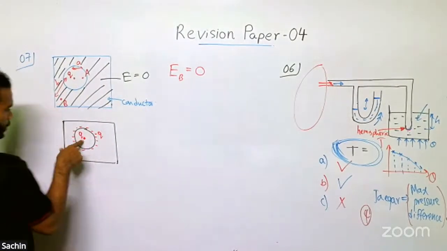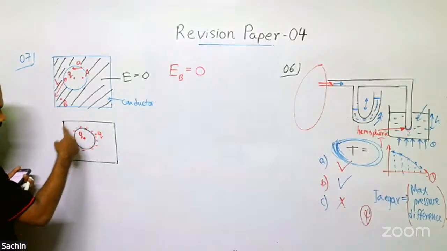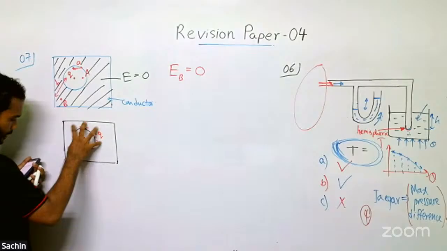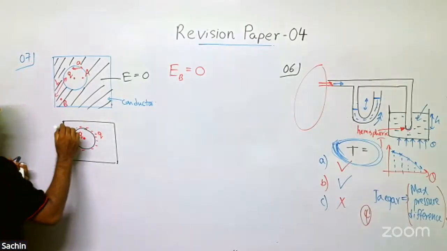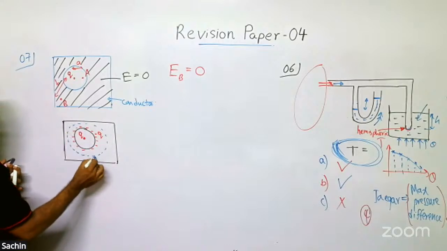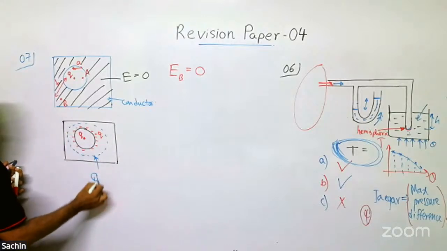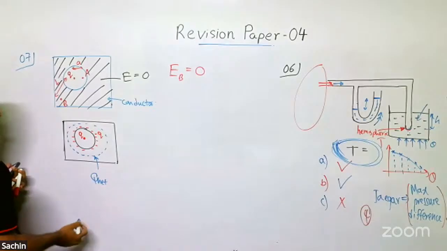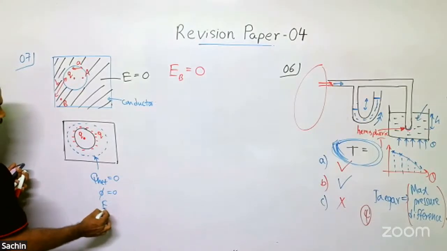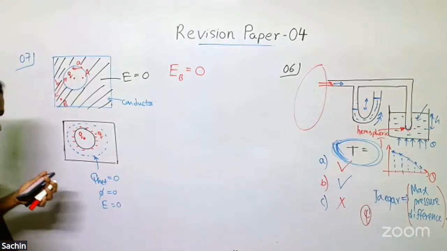So if this is positive Q, then a negative charge is induced in the inner surface of this metal block, so that the total charge inside a Gaussian surface becomes 0. So if this is the Gaussian surface, total charge becomes 0, so no electric flux, so no electric field intensity.